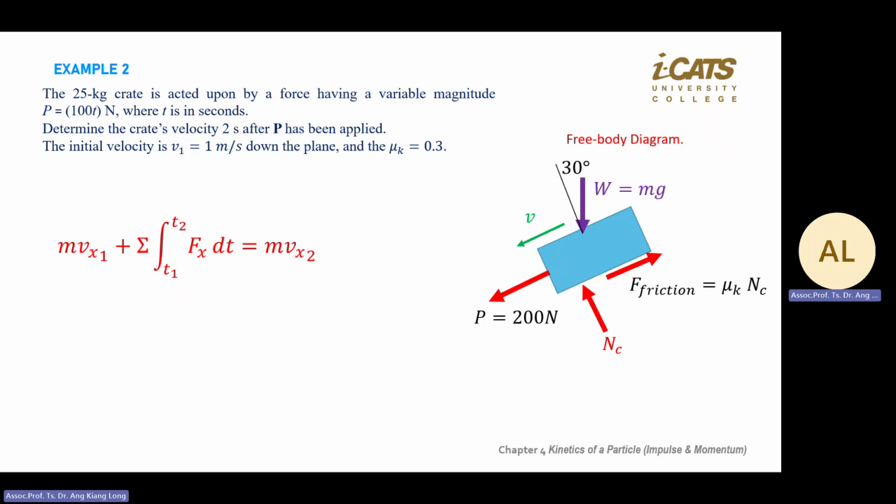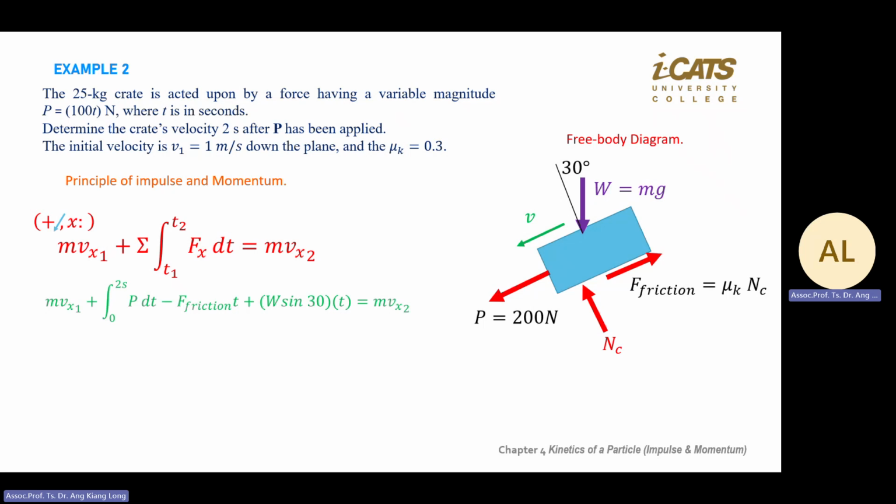In this case, I always follow the surface direction. So going down 30 degrees, x is positive, and y going up 30 degrees is my y direction. So my x goes down.